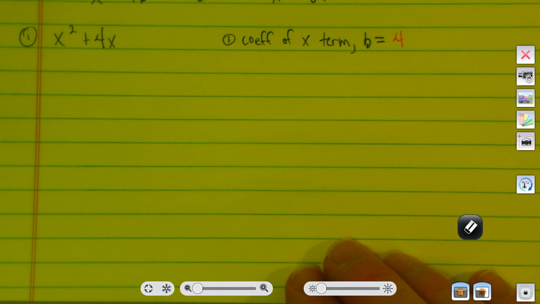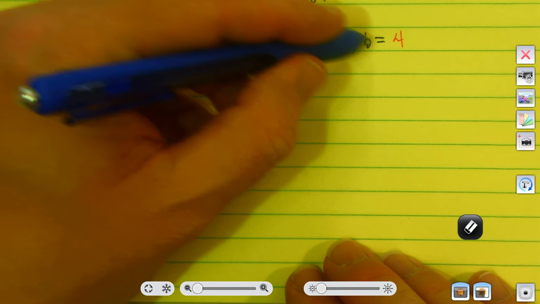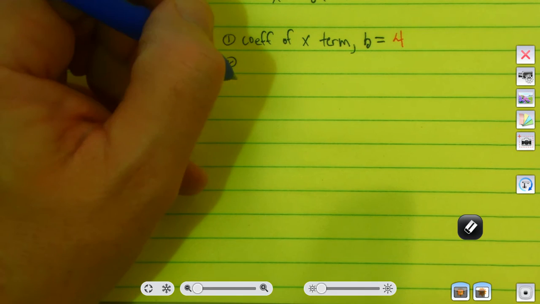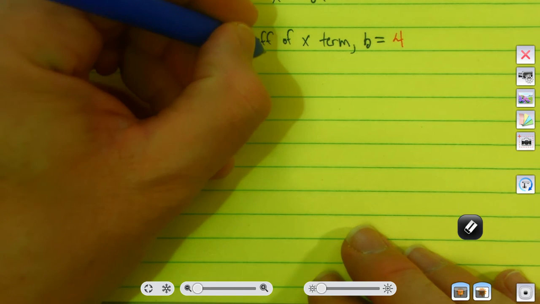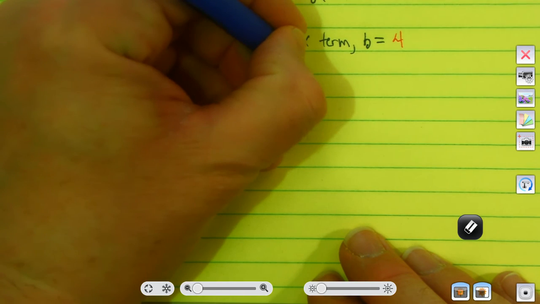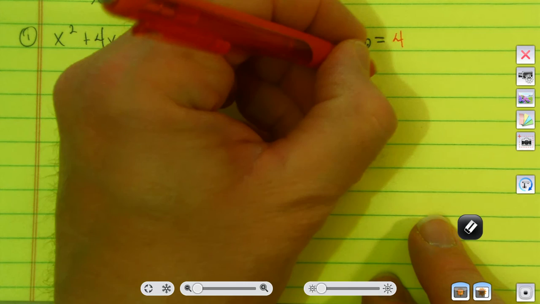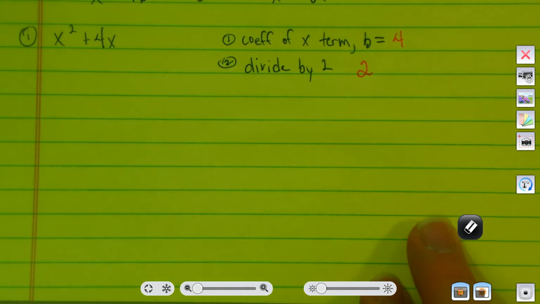Our second step then is to take that x term, the b, the coefficient of the x term, and divide it by 2. So 4 divided by 2 is 2.